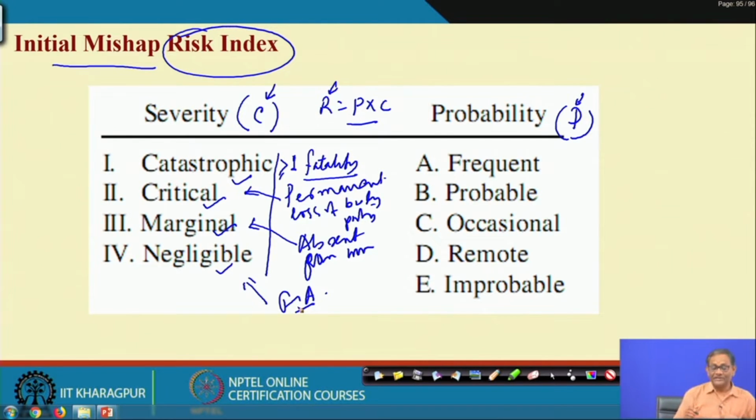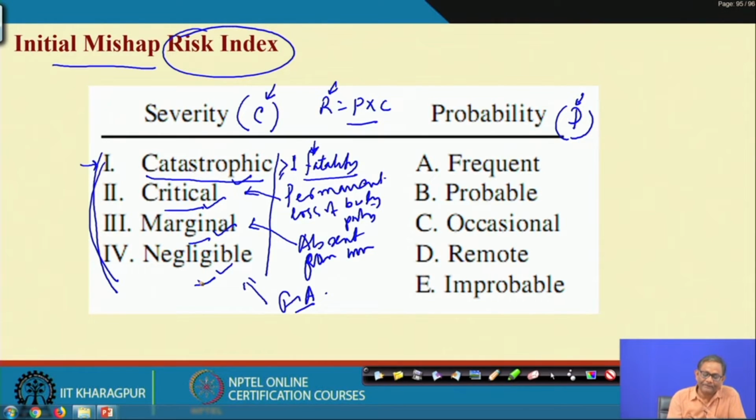But you may say that my system is such that it is not human safety only, it is a loss control point of view, that human, property, environment all will be important. Then what you have to do is find out the equivalent loss quantification in terms of money. Okay. So, maybe human loss, then your property loss, environment loss, all loss you compute and then find out your categorization of catastrophic, critical, marginal, like this.